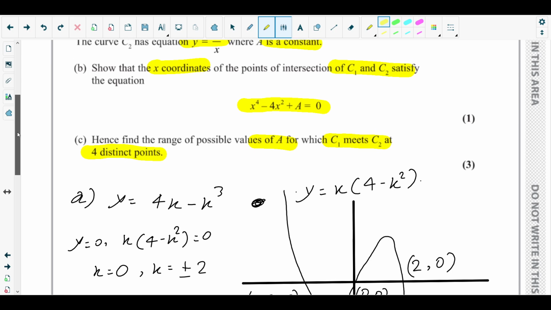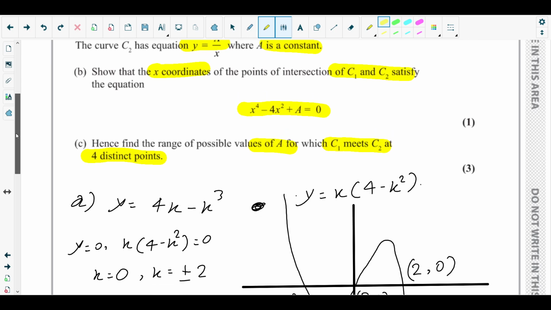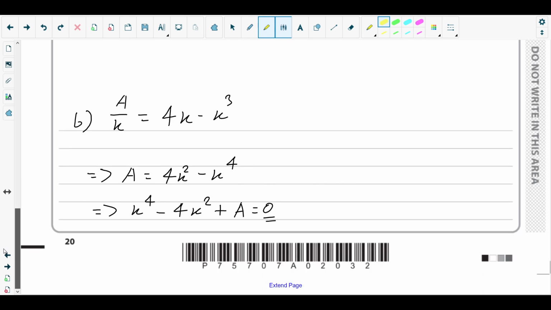That's a good question. The equation we derived in part B is the equation for the points of intersection between the two curves. If this equation has no real root, there would be no points of intersection.